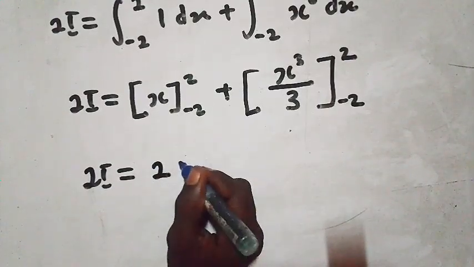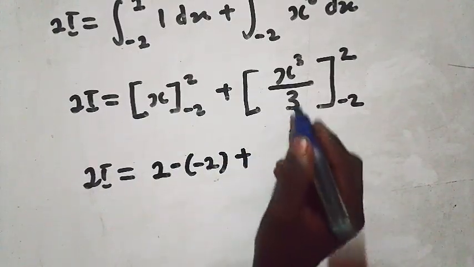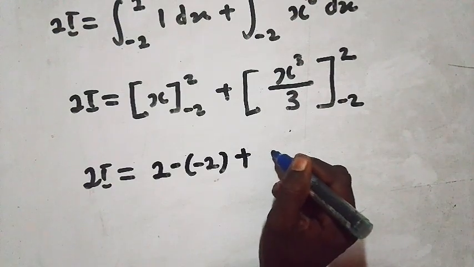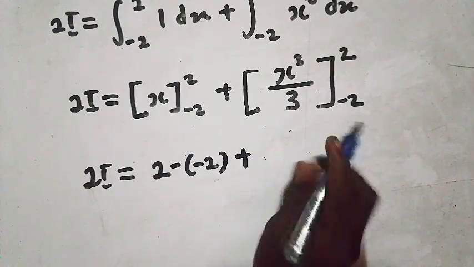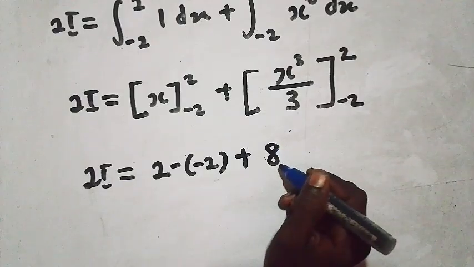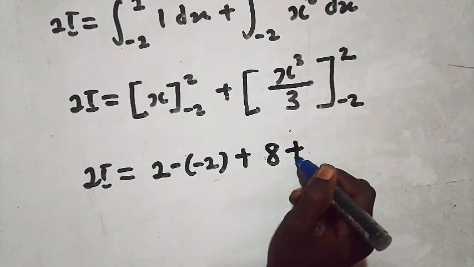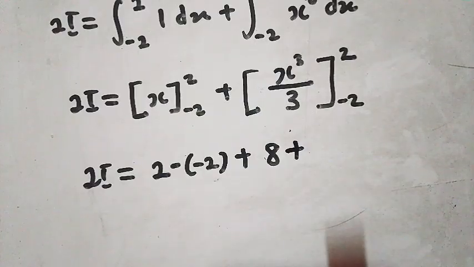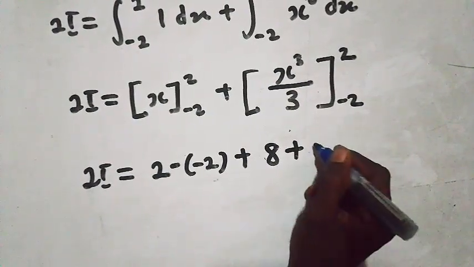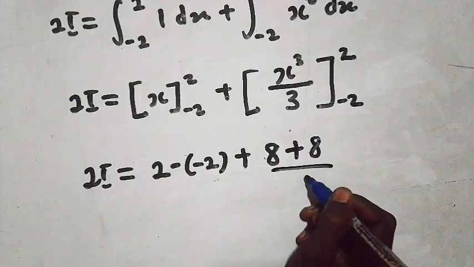Whenever x is minus 2, this is minus, open brackets, minus 2, plus whenever x is 2 here as well, that is 2 raised to the power of 3, and that is 8 over 3, plus 8 as well over 3, that is whenever x is minus 2 raised to the power of 3 all over 3.